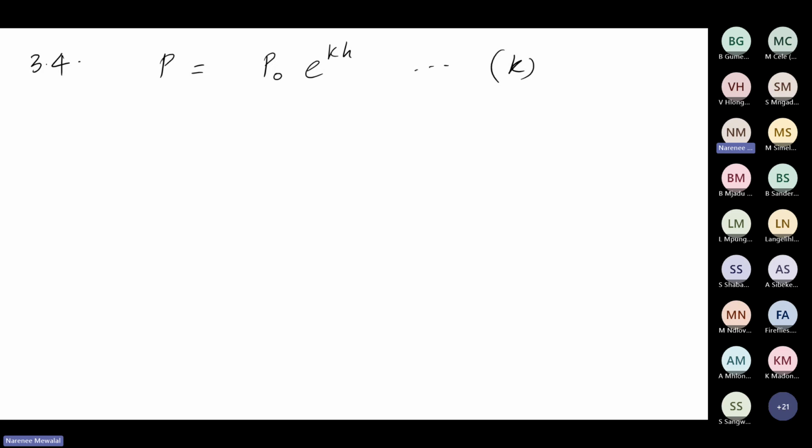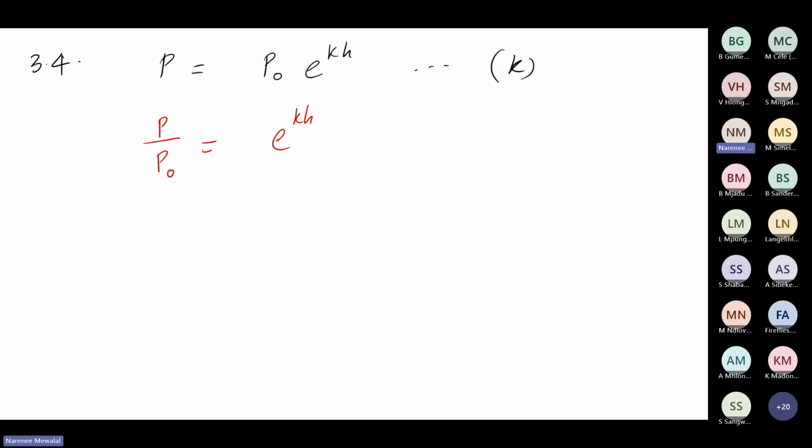All right, P is equal to P naught times e to the kh. So in this case, you want to make k the subject of the formula. So you're going to have to divide firstly by the P naught. So you'll get P over P naught is equal to e to the kh. Now you want to get rid of the e, all right? And so remember that you would have learned in class that to eliminate an e, you introduce the ln on both sides, right?